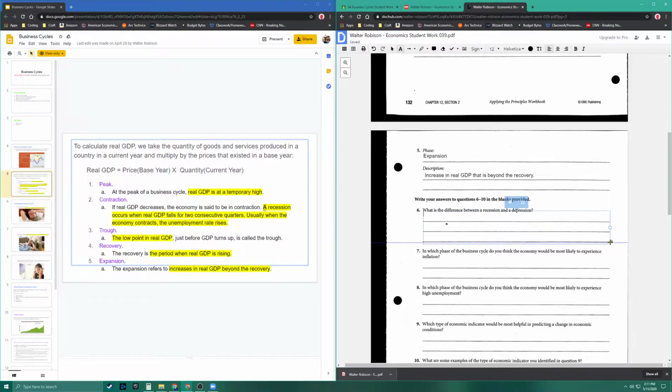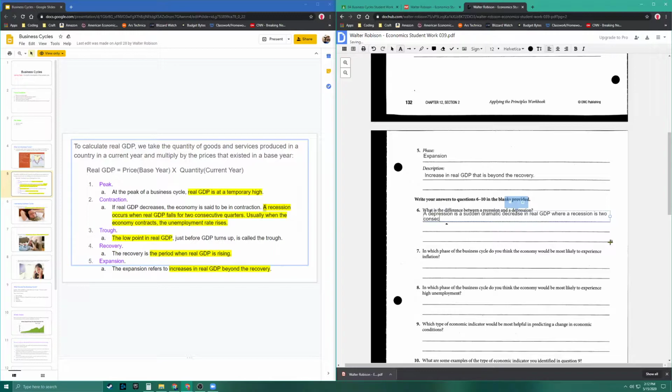And a depression is a sudden, dramatic decrease in real GDP, where a recession is 2 consecutive, and that's important.